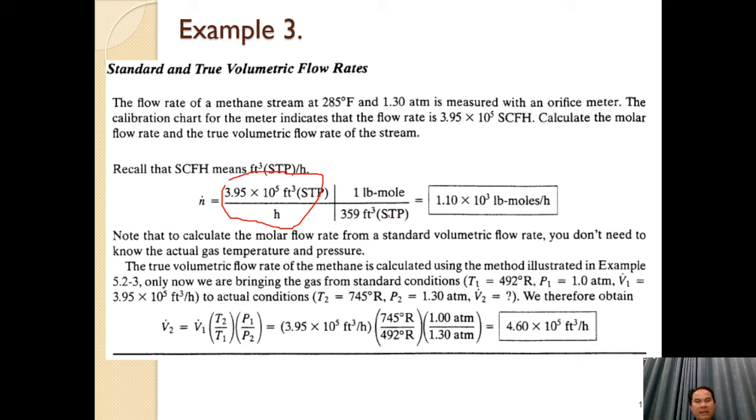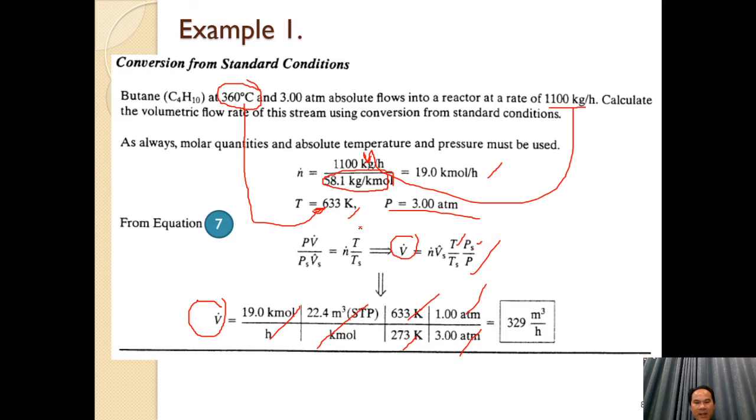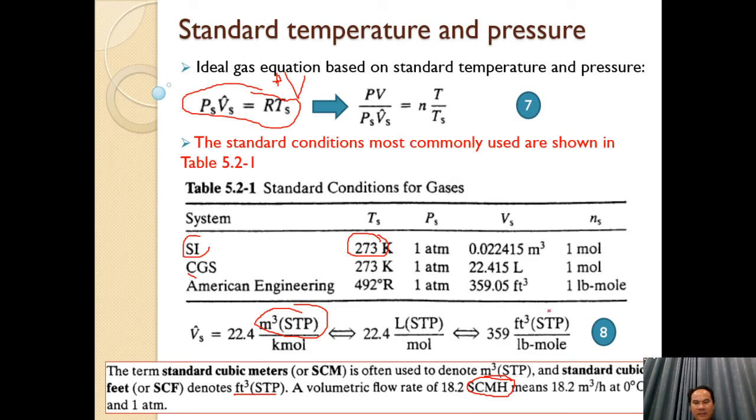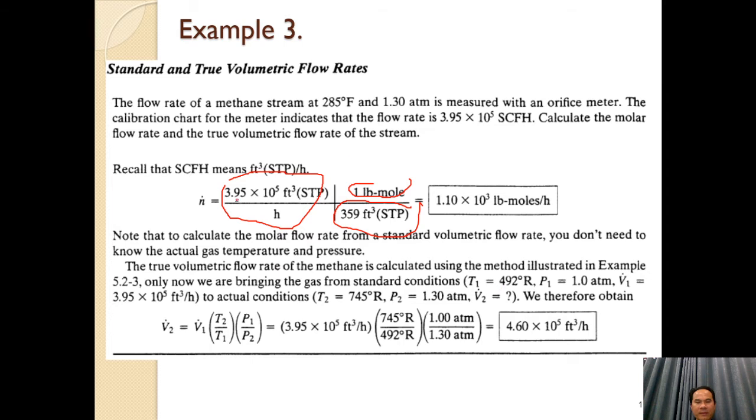At the standard state, for 1 pound mole, we know the standard volume is 359.05 standard cubic feet.